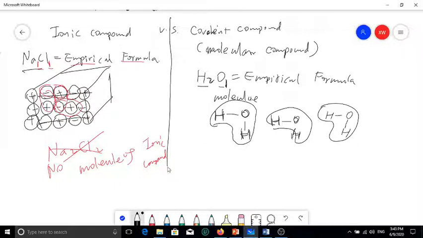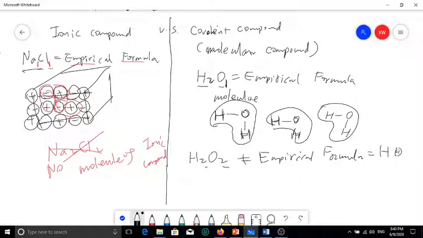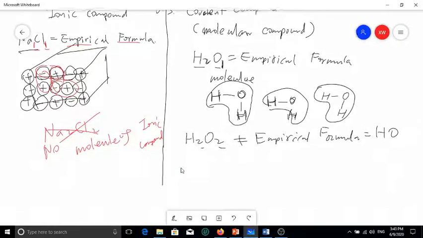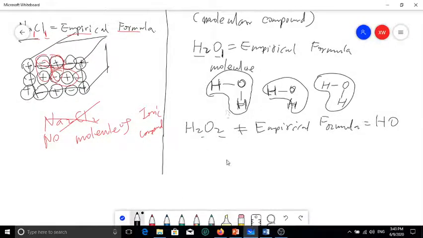Okay, let's give another example that shows a better case. There's something called hydrogen peroxide. Usually you can find a bottle of it on the shelf of CVS or any pharmacy. The actual formula of hydrogen peroxide is H2O2. In this case, this is not the empirical formula, because the empirical formula of this compound, if you simplify the 2:2 ratio down to 1:1, would be HO. The reason we don't simplify this in the actual formula is the same as for water.